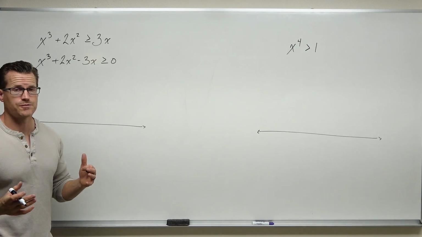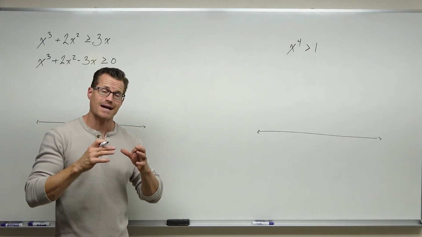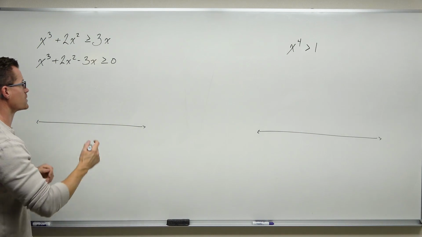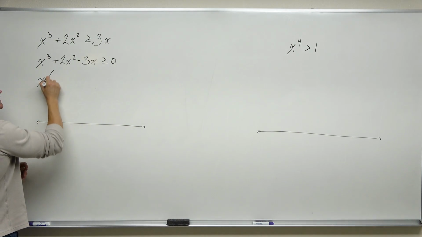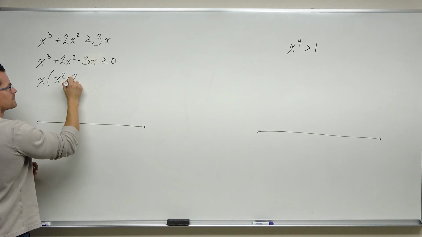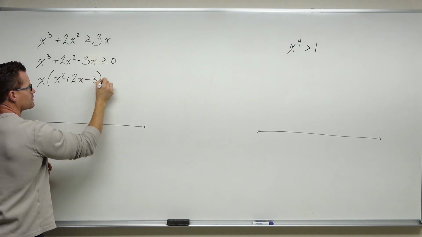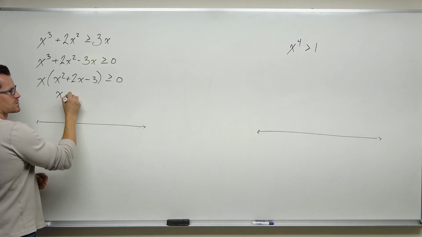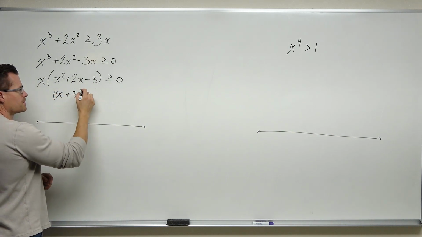The first thing we've got to do is factor and find our x-intercepts, because that's where we change from above to below 0. Our signs can change there. So we factor out our GCF of x. And then this factors pretty nicely. This is x plus 3 and x minus 1.